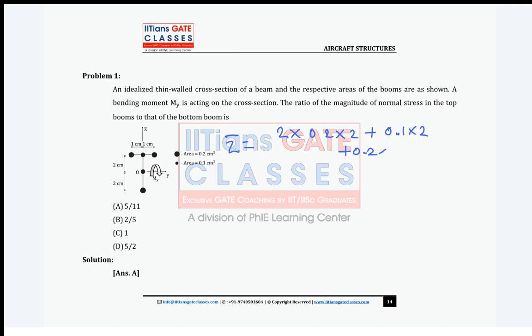Middle boom is 0.1 into 2, then minus 0.2 into 2, then it is 3 into 0.2 plus 2 into 0.1. Now is it clear, guys?